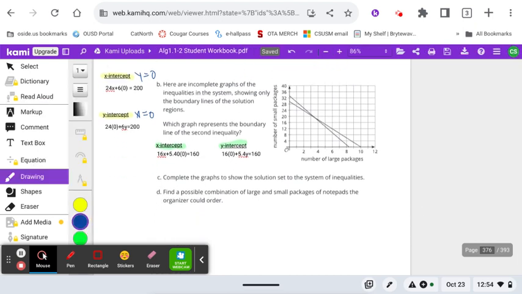Next, to complete those graphs, it just means you are going to add the shading that goes with the inequalities once you've identified which line is which, and then finding a possible combination of large and small packages would be finding any XY pair that is in the double shaded region or the overlap of the shaded regions.